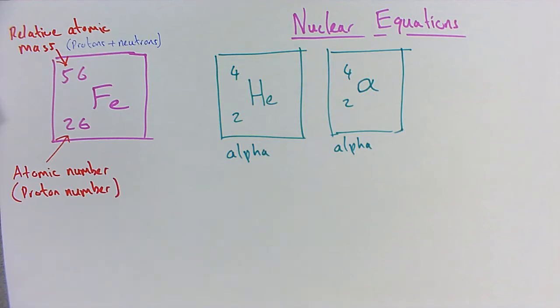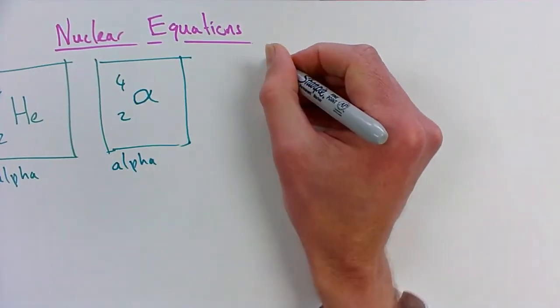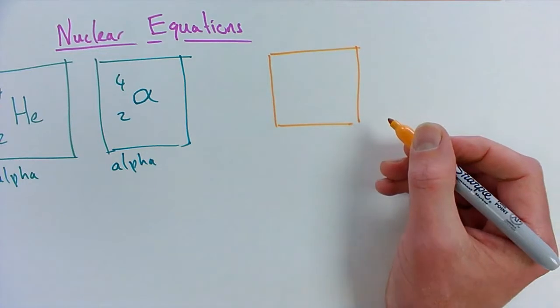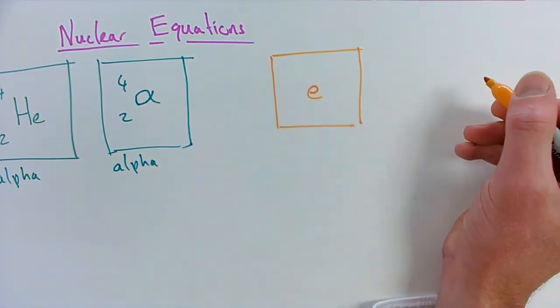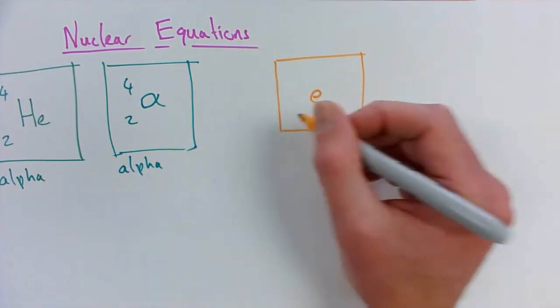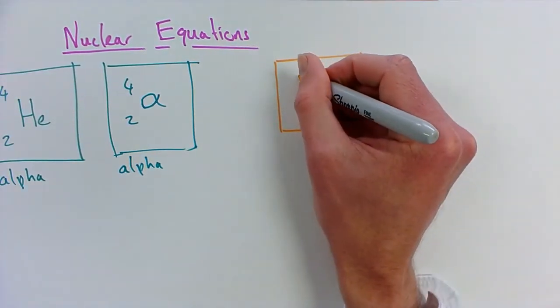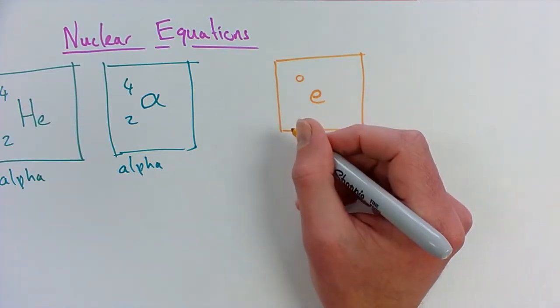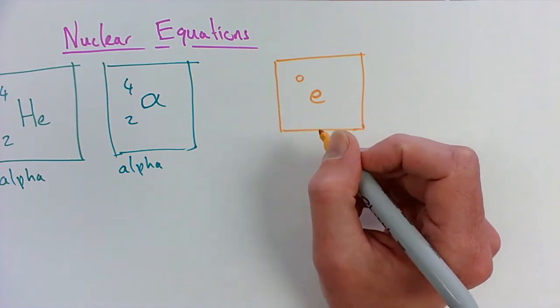Beta, let's go with this orange colour for beta. Draw a box. Remember, beta is a fast-moving electron, so we can use the symbol e. As it's an electron, it's got no protons and no neutrons, so we can put a 0 here. Now, the strange thing is, it hasn't got any protons, but it's got the opposite charge to a proton.